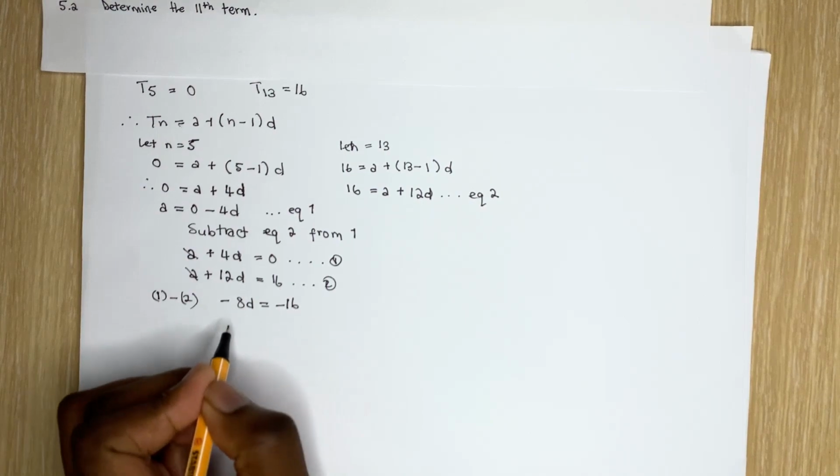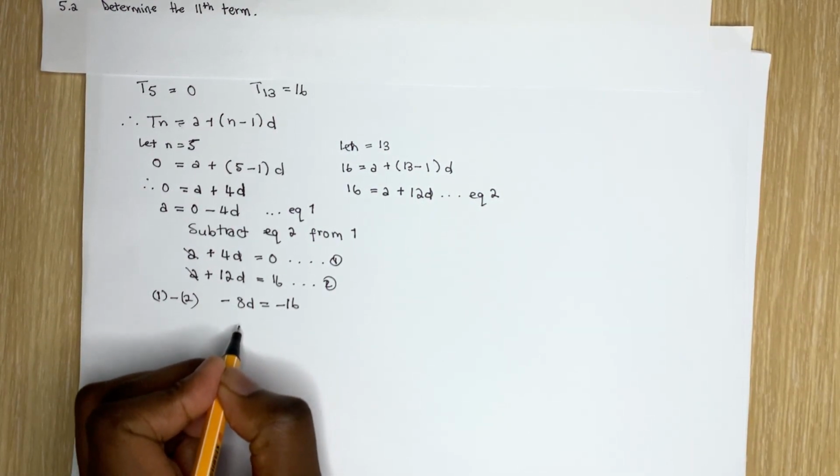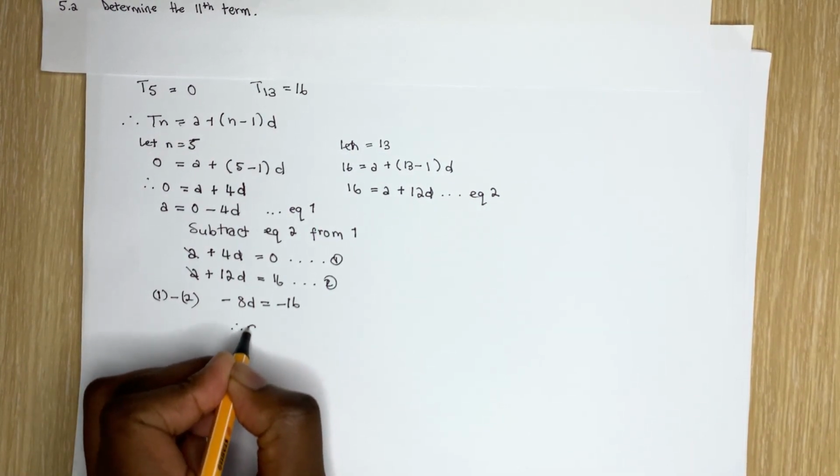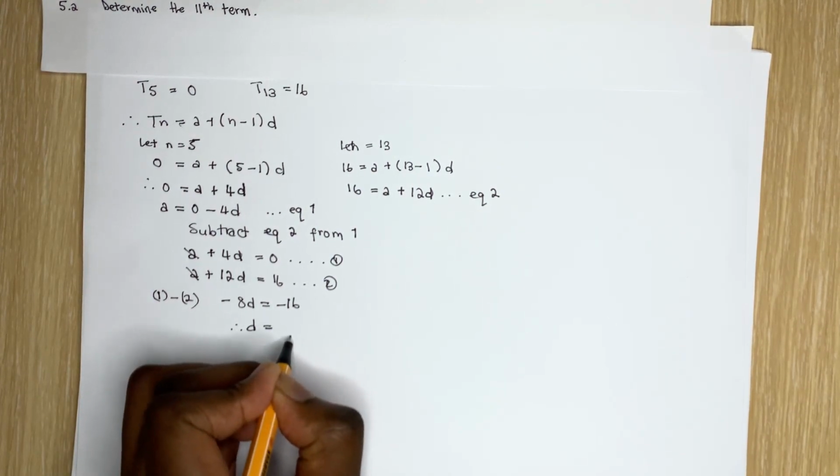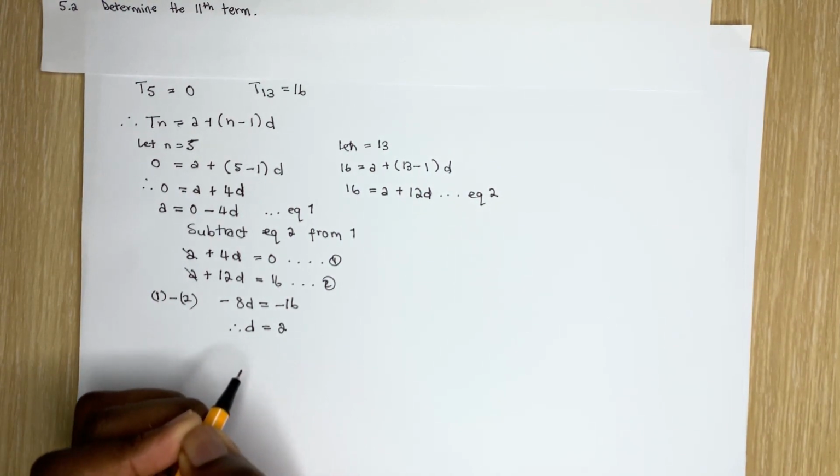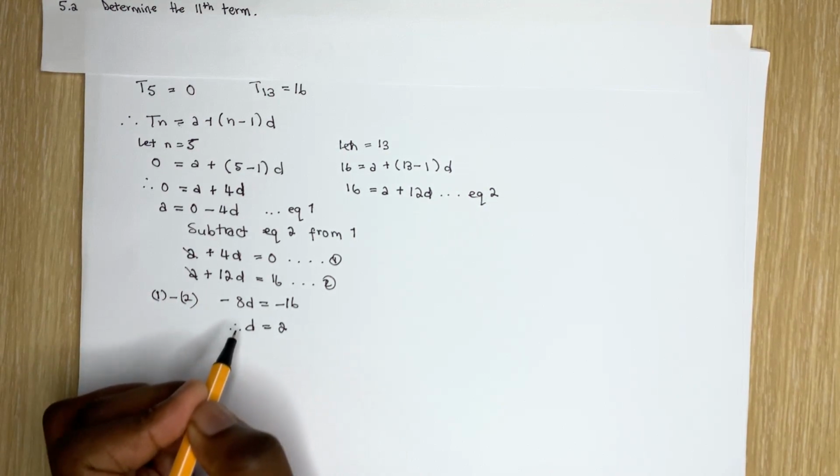We can then divide by negative 8 on both sides, such that we end up with d equals to 2.